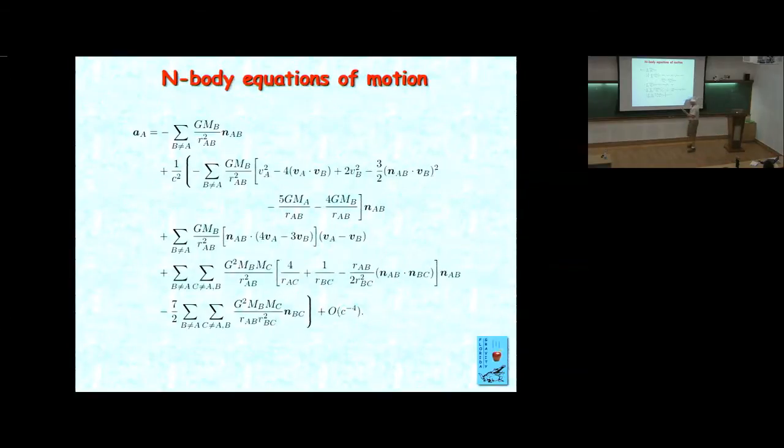These are often called the EIH equations of motion after Einstein, Infeld, and Hoffman, who derived them in around 1938 by actually solving the vacuum Einstein's equations. It was a very clever approach where instead of using any kind of fluid or matter, they solved the vacuum equations in a very general way for the region in between all the bodies.